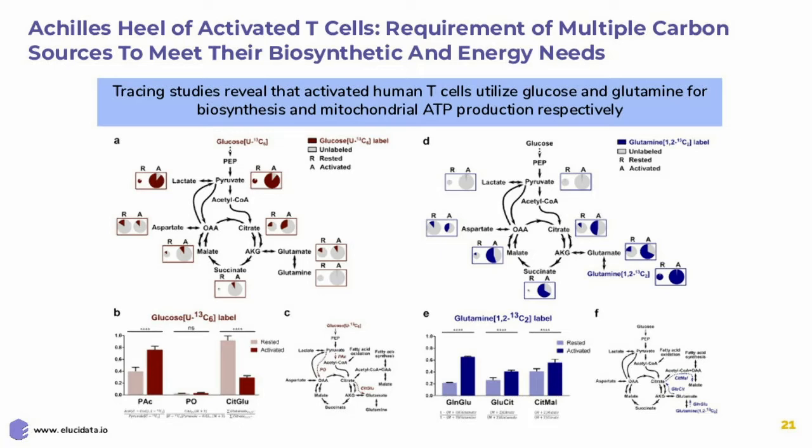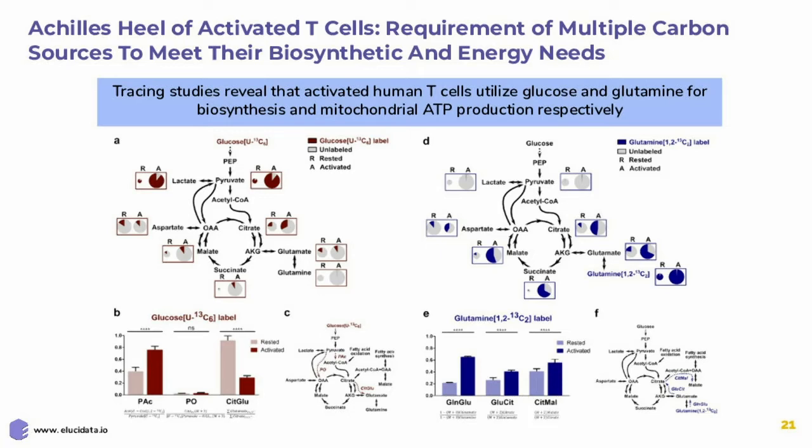But what was surprising was that the proportion of glucose label flowing through the various steps of glycolysis was very, very similar. If we look at the circles that represent the total pool of the metabolite pyruvate, the size of the circle is much bigger, suggesting the total levels of pyruvate are much higher in activated T cells.